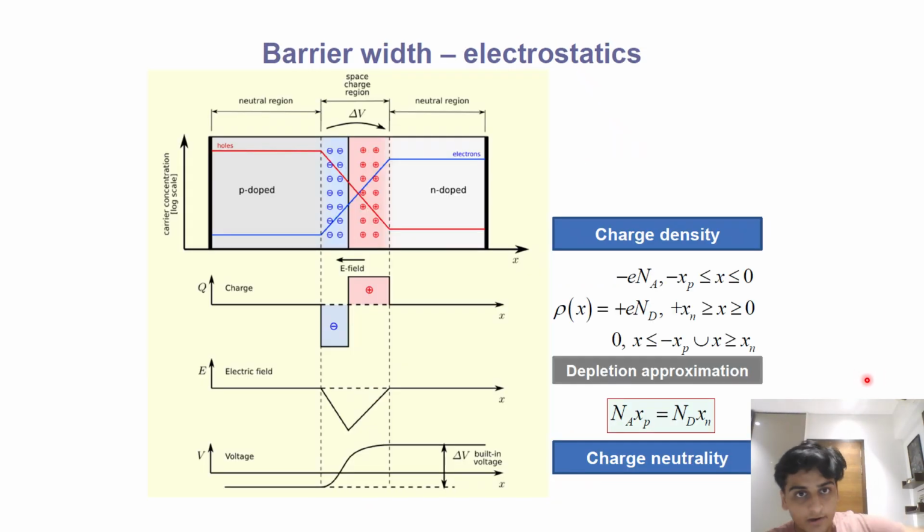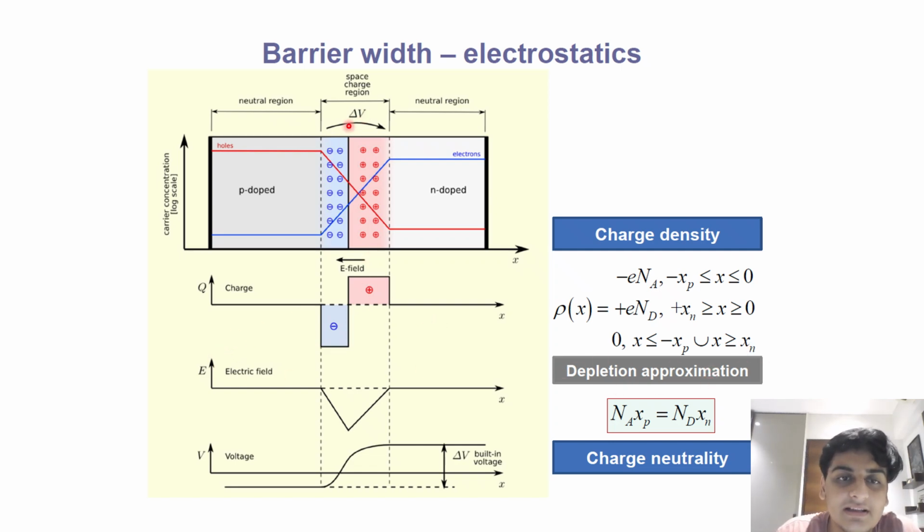Let's now go into this concept of barrier width. Of course, we spoke about this depletion region. That depletion region is essentially your barrier, and we want to know the width of that barrier. So indirectly, we basically just want to know the width of the depletion region. The first thing that we are going to do to calculate this depletion region width is what we call the depletion approximation, which is what we spoke about before.